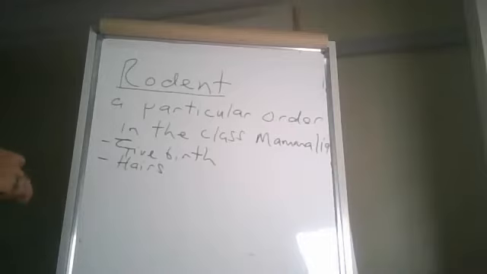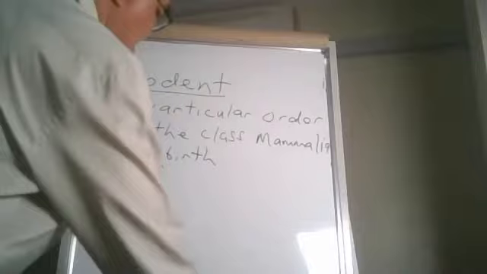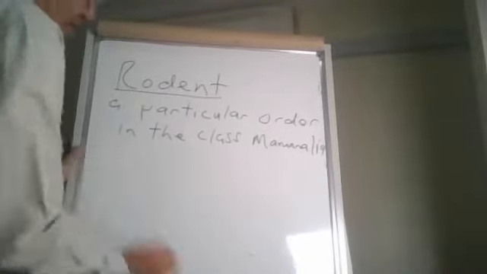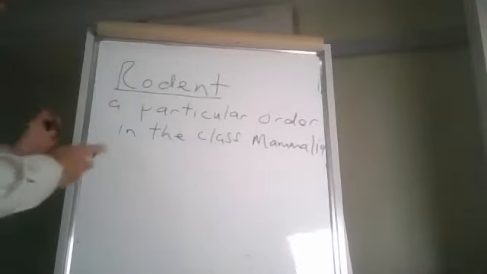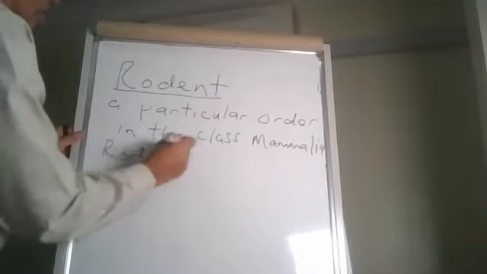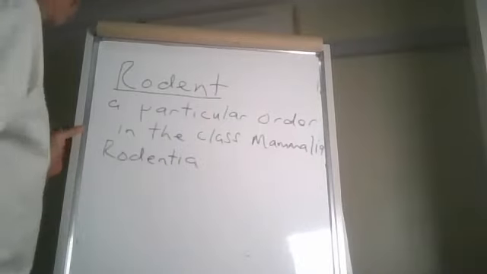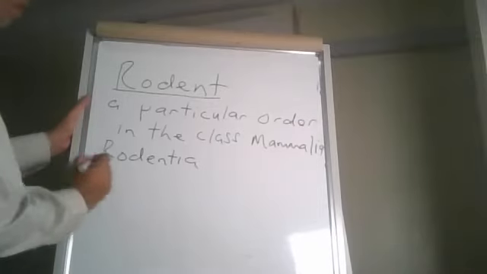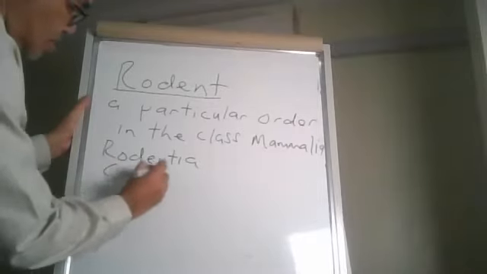So rodent is one of the orders, and there are many other orders. You can look that up later, but perhaps I can list down a few here. Apart from rodents, okay, the full designation is Rodentia. You have Carnivora.